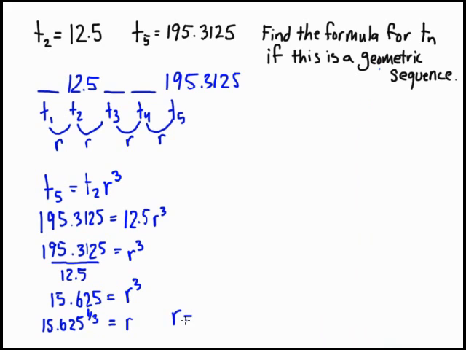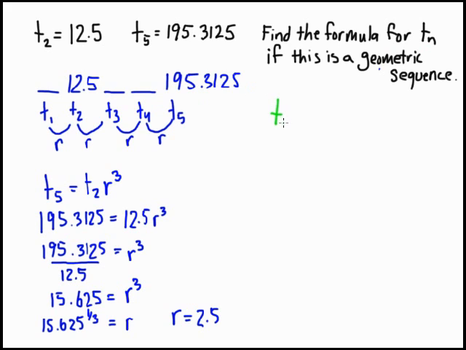So r equals 2.5. What that means is that whatever our first value was, the next is 2.5 times greater, and the next is 2.5 times greater than that, and so on. Now we've figured out what r is, but we want to figure out what term 1 is, because the question is asking for the formula for Tn.